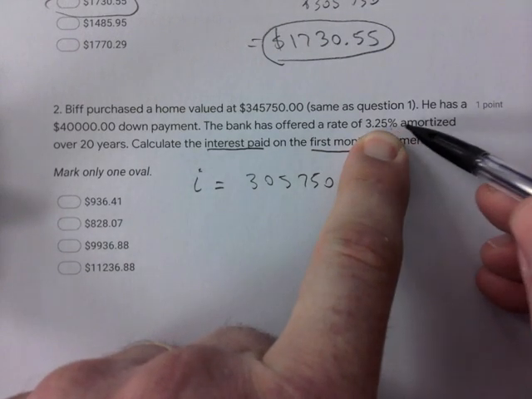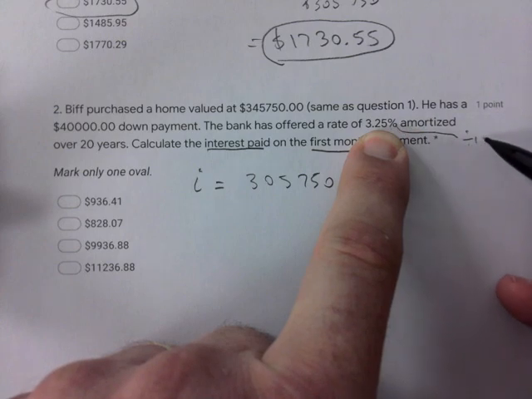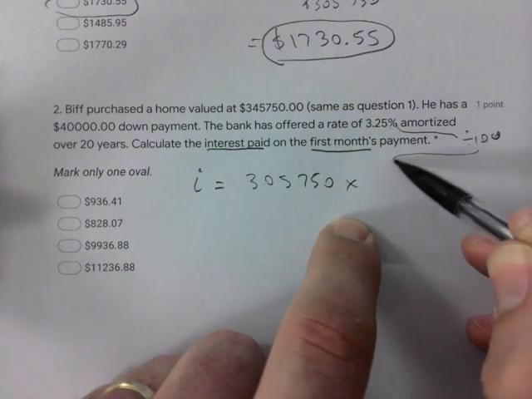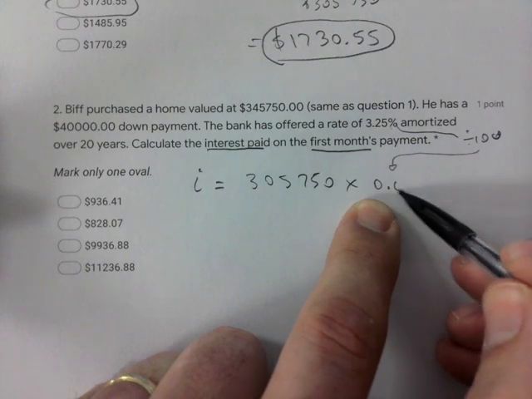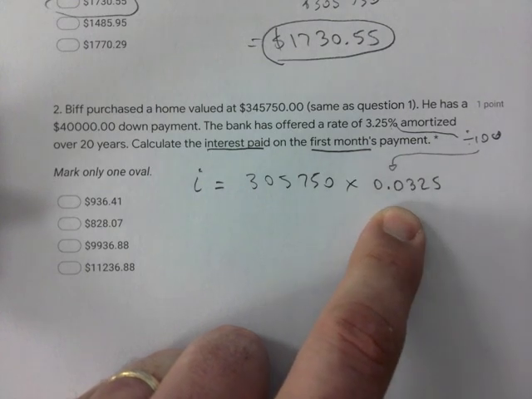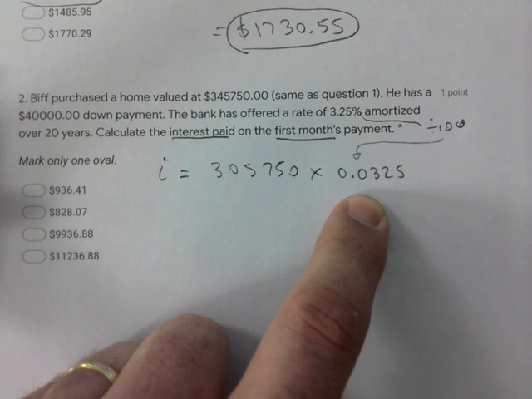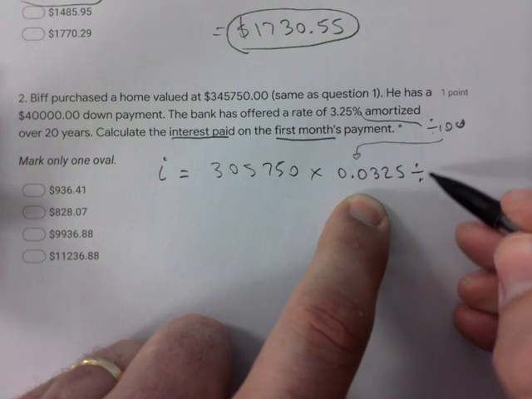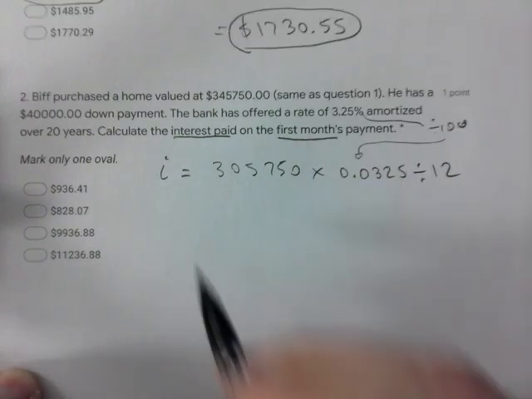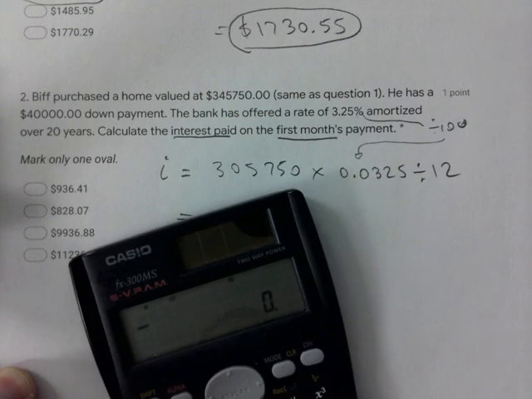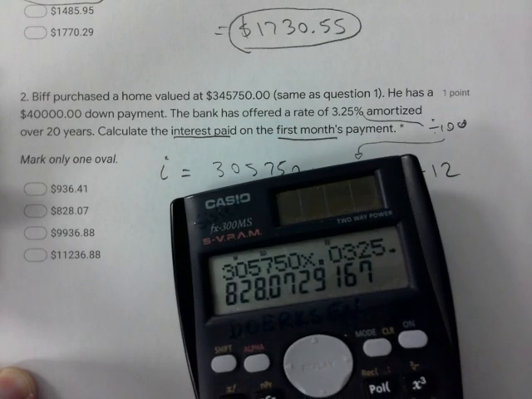So 3.25, we're going to divide that by 100 and then plug it in there. That gives you 0.0325. Do not round this one, okay? And then we're going to take that and divide it by 12. So 305,750 times 0.0325 divided by 12, and that's 828.07.